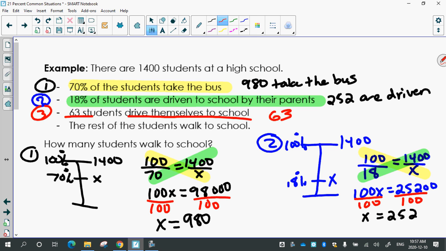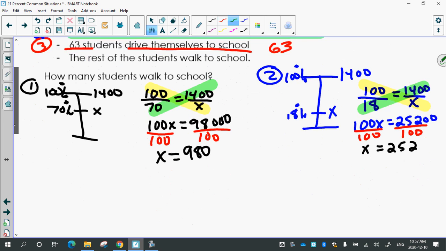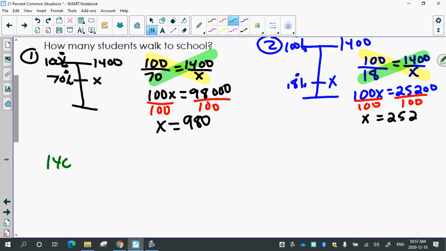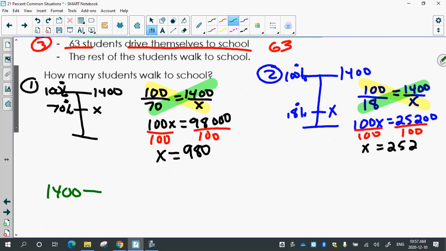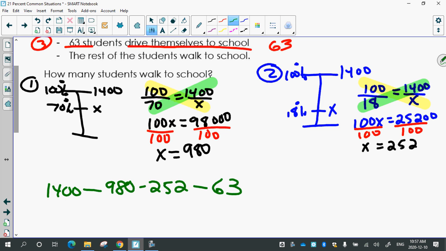All right, so if you subtract all of those, we're going to go 1,400, take away 980, take away 252, take away the 63 that drive themselves, and the rest walk. And did you get 105?